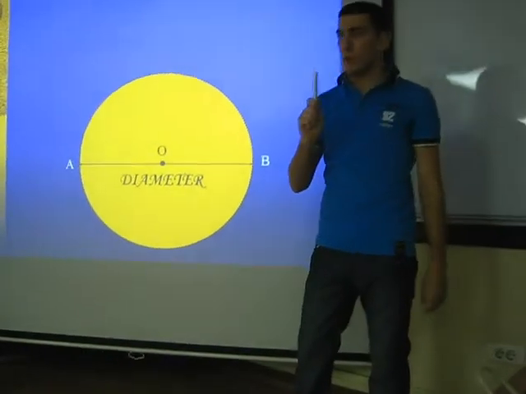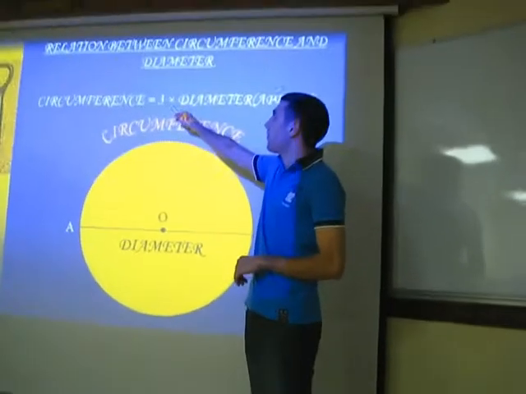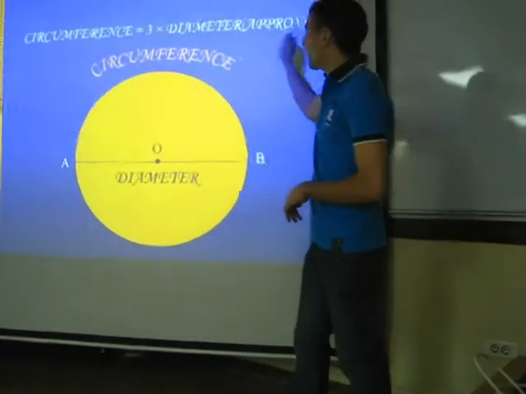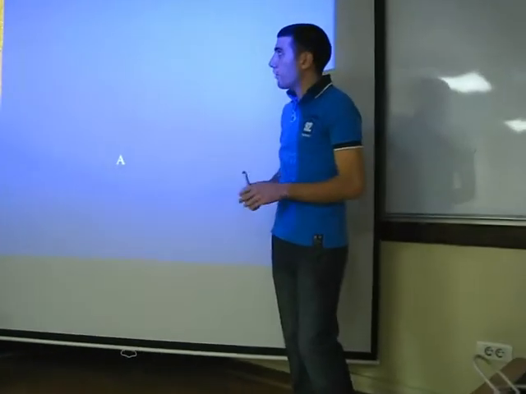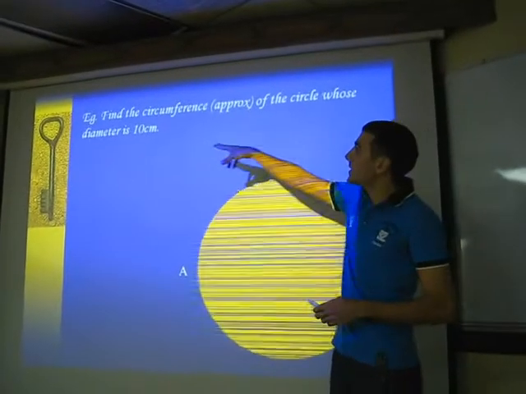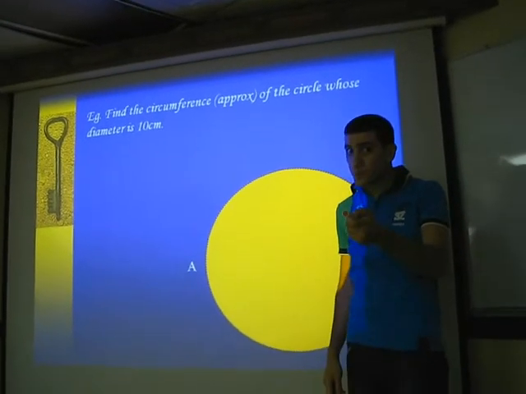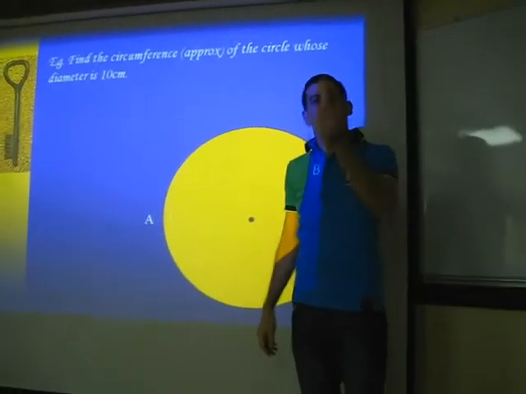For example, to calculate the circumference: circumference equals 3 times diameter, approximately. Find the circumference of the circle whose diameter is 10 centimeters. We said that circumference equals 3 times the diameter.